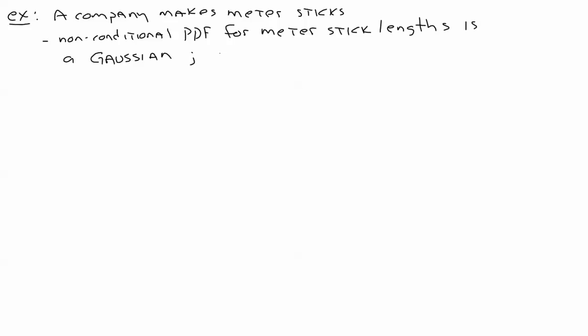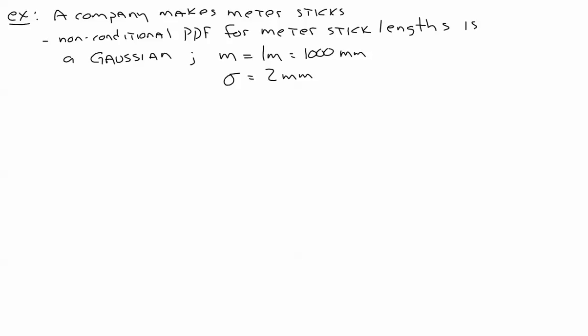Not surprisingly, the mean length of my meter sticks is 1 meter or 1,000 millimeters, and we will assume for this example that the standard deviation of my meter sticks coming off this assembly line is 2 millimeters.